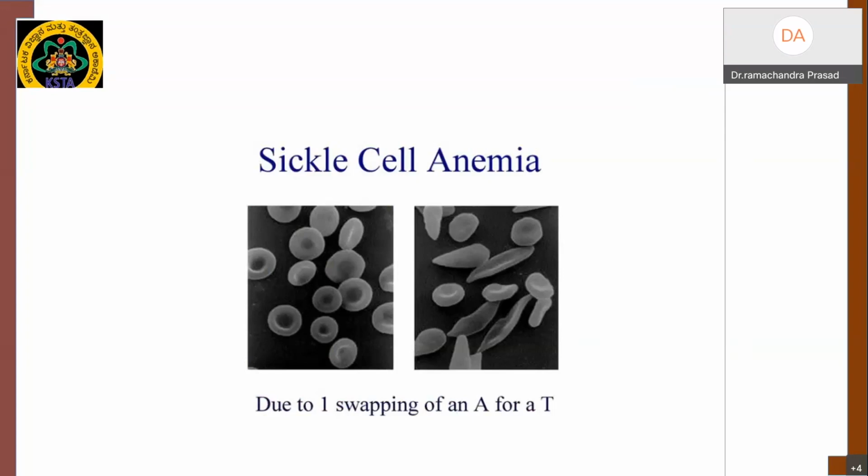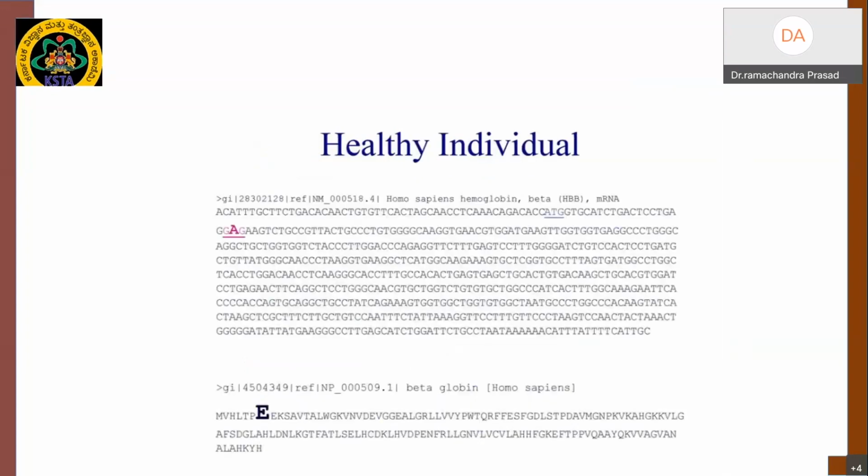So here one example is sickle cell anemia. This is one of the diseases. It happens due to the swapping of an adenine for a thymine, A by T. When you look at the sequence in a healthy individual, adenine is there in the third position, and G after A is there.